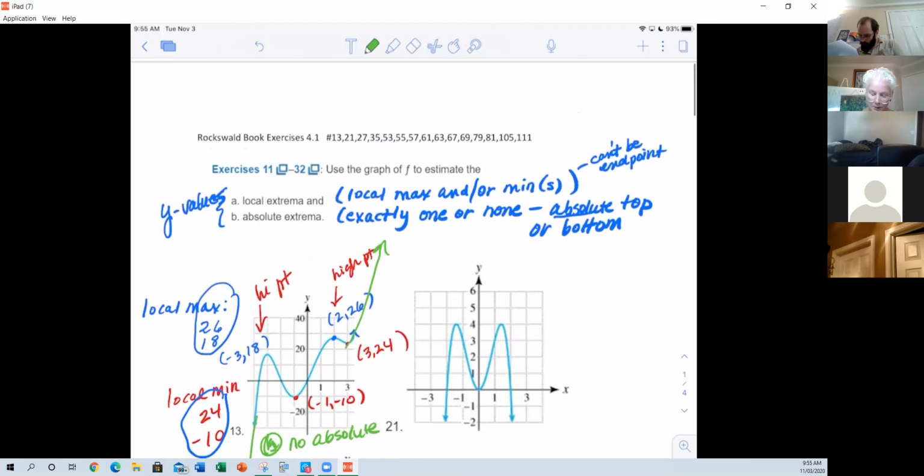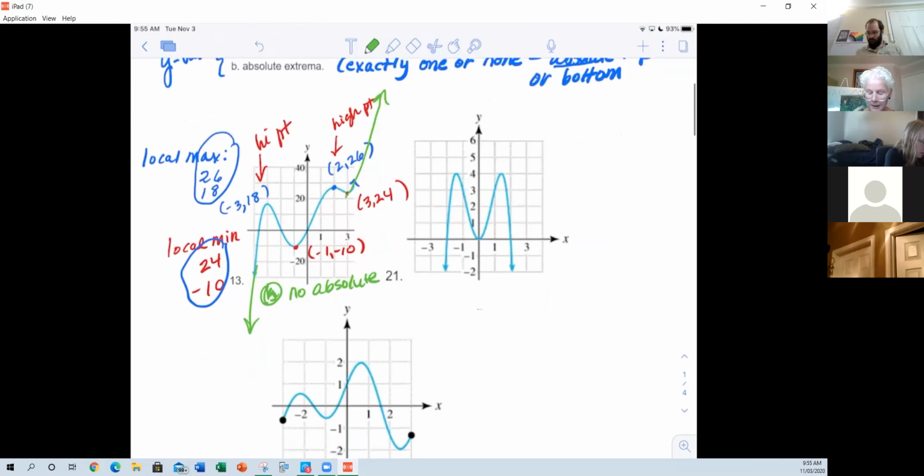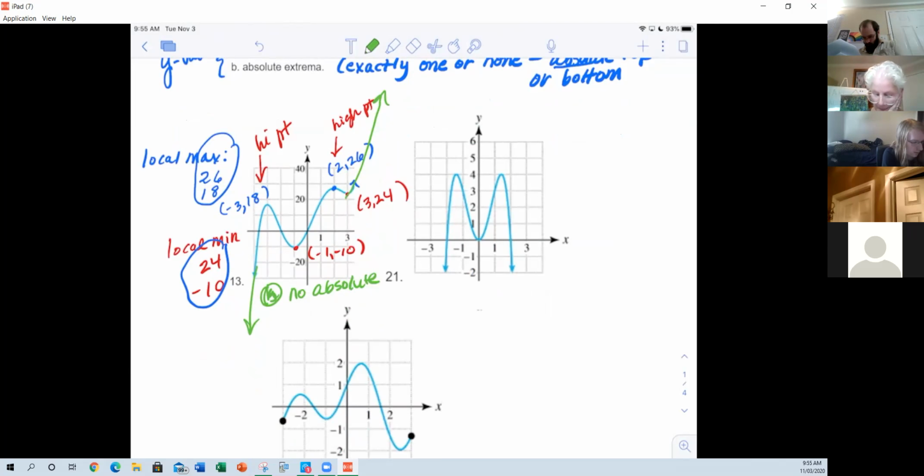Okay, so 13. All right, how about 21? Michael, can you tell me? Number 21. Okay, so for A, now we're putting points here, not just the Y value, right? Well, I like to name the point, but the actual answer is the Y value.